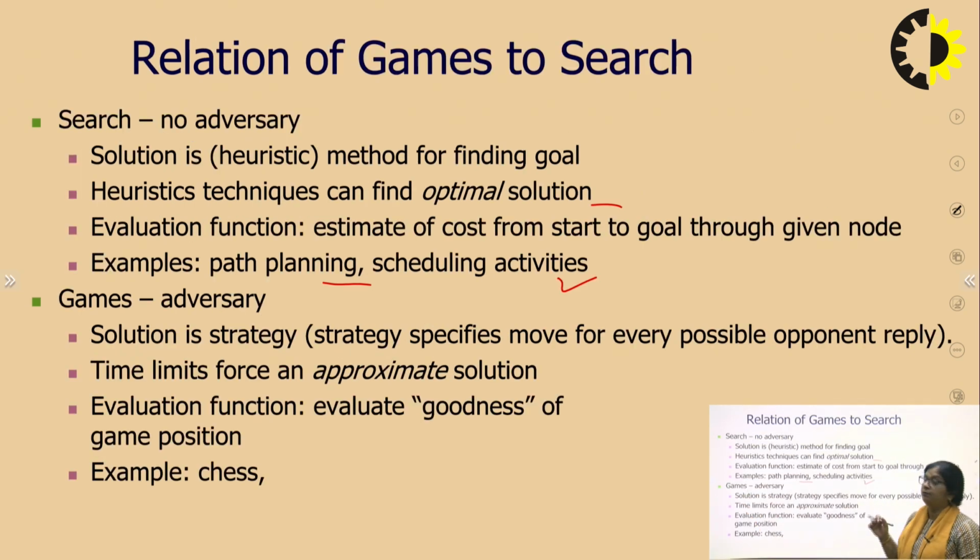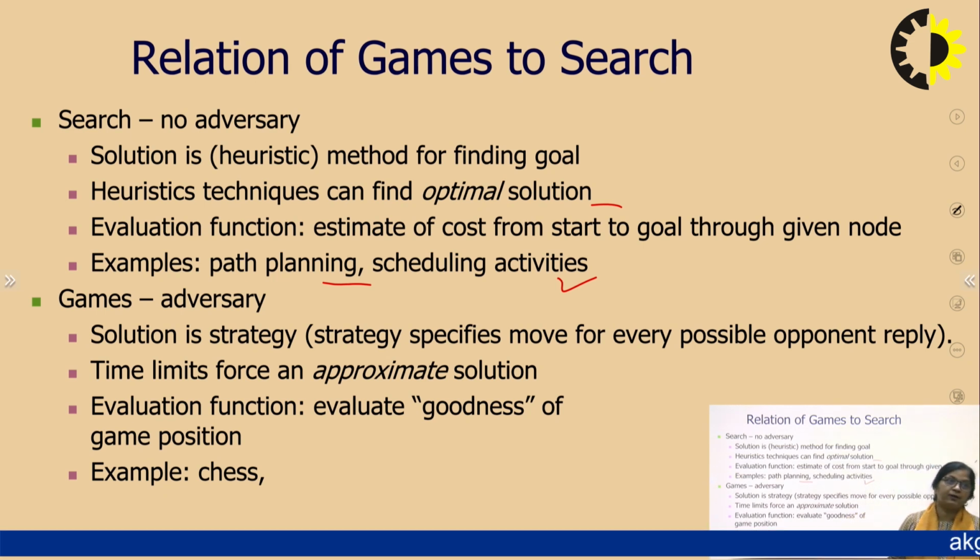Now we will talk about the relation of games to search. When we talk about searching, there is no adversary, so let me take a search without an adversary. When we are searching, we are actually finding a goal. A solution is a method to find the goal. We use heuristic techniques to find the optimal solution to reach the goal.